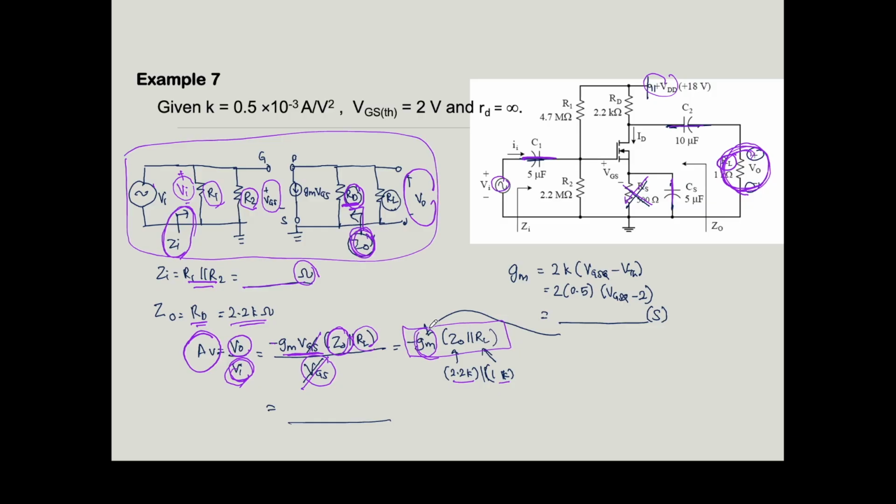However, we forgot to calculate the value of gm. For gm, we can use this formula, which is 2K multiplied by VGSQ minus VTH, the threshold voltage. We have all these values. What is the value of VGSQ?